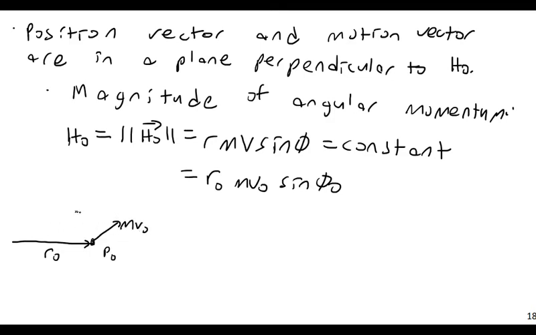Then at some later time there is an r, same particle, but maybe I'll call it position P. And this would just be some generic m v, at a different angle perhaps. But anyway, the total magnitude will remain m r_O v_O sine phi_O, or H_O equals m r squared theta dot equals constant.